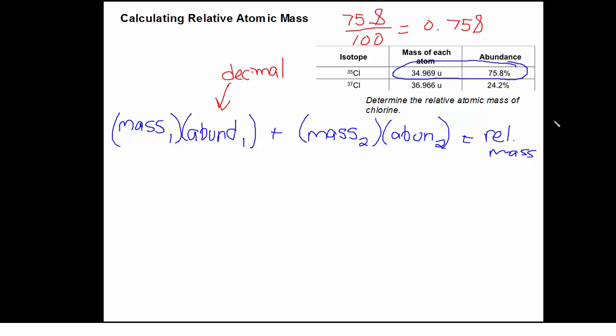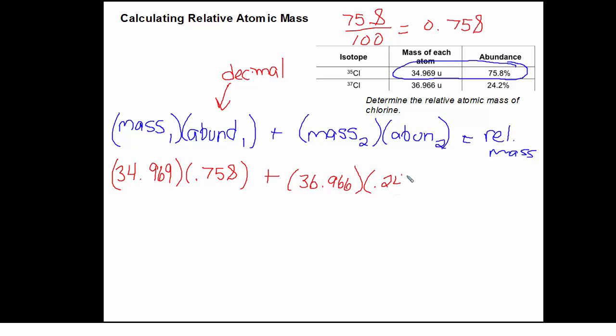So let's carry out this calculation. I'm going to take the mass, which in this case is 34.969 times 0.758. I'm going to add that to 36.966 times 0.242.